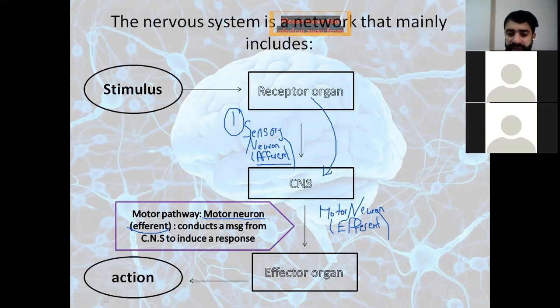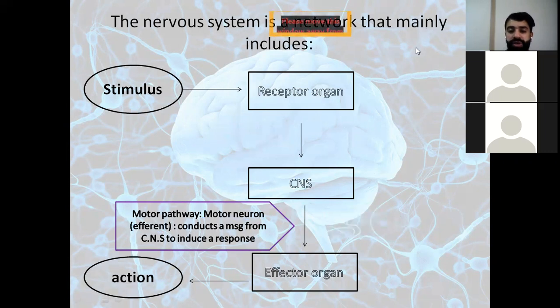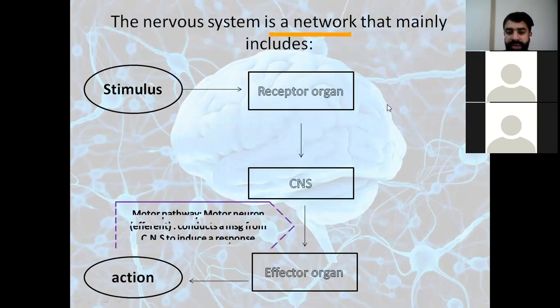Then a nervous message is transmitted from the CNS toward the effector organ through a special neuron, a special taxi. It's called the motor neuron or efferent.